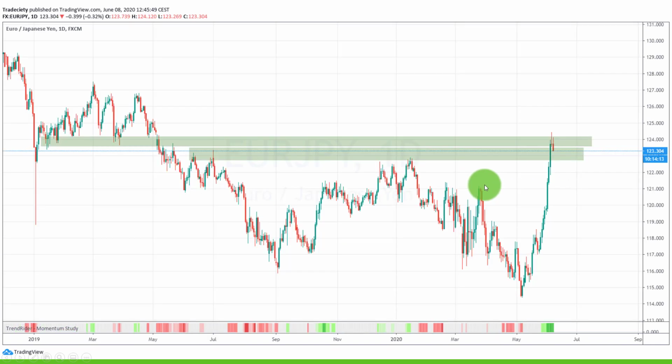Let's see. The Euro Yen is at a very important area that I am watching very closely, especially with this recent candle development. You can see this is the daily. Over the last probably around 10 candles, we had a very bullish sequence. And this is where the market arrived last week with a very strong bullish candle. Previous support area became resistance on the breakout, and now it looks like it's again acting as resistance.